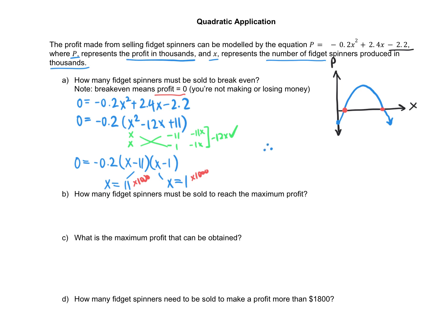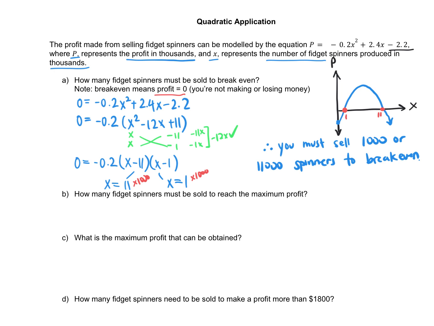So therefore, you must sell 1,000 or 11,000 spinners to break even. And looking at the visual here, anything in between 1,000 and 11,000 will be making a profit. So that's the happy spot in this scenario. I'm just going to label those zeros on my graph in case I need them later on.